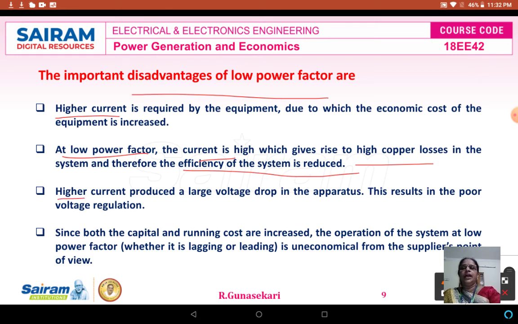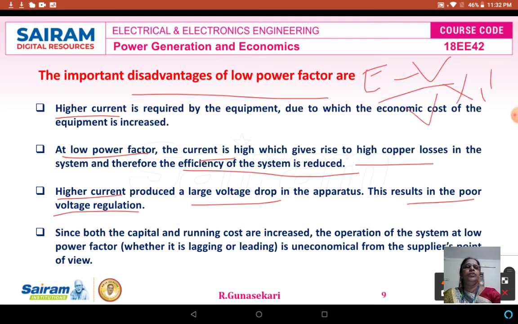High current also causes a large voltage drop in the apparatus. That's why we get poor voltage regulation. The voltage regulation formula is (E minus V) divided by V into 100, so when the voltage reduces, the regulation becomes very poor.